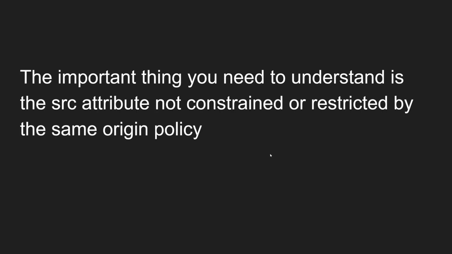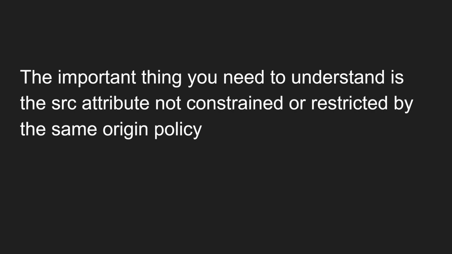You need to understand one thing. The important thing is the source attribute. For example, when you access jQuery, you will use something like script src equals, and add it in HTML. And you may use something like link rel equals, href equals, and add that. Whenever you add resources like that through HTML, the src attribute and also the href attribute are not restricted by the same origin policy.